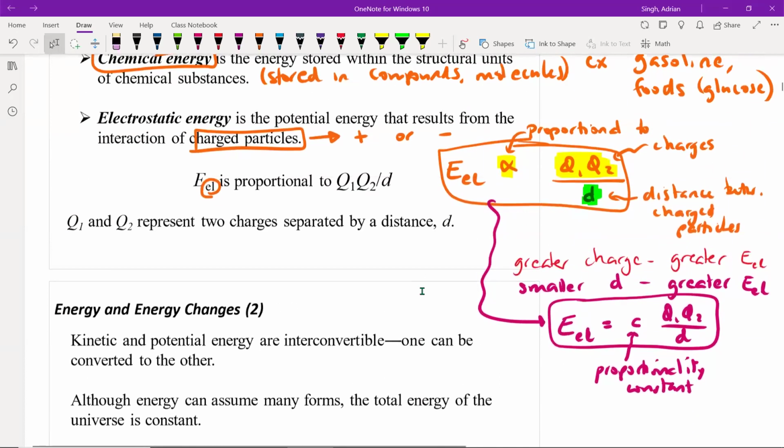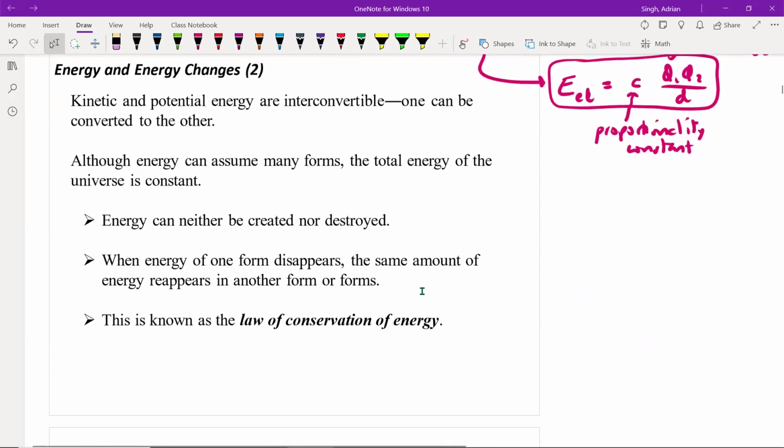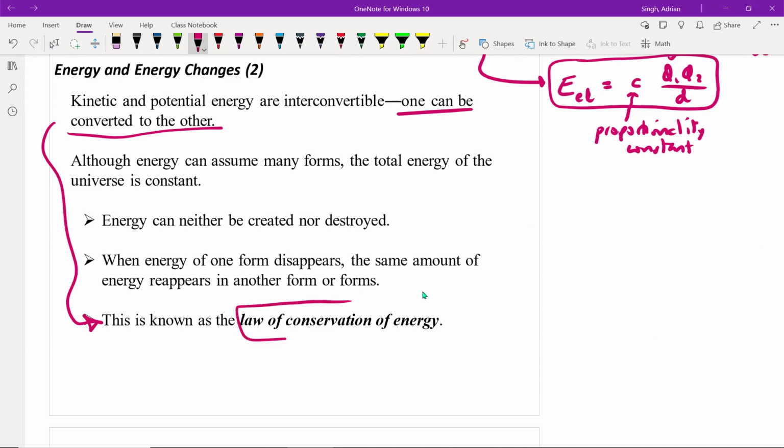We'll take a look at some calculations here in a second. One thing to keep in mind as we start looking at energy changes is that energy can be interconverted from one form to another. That is really critical because it stems from a very important law in chemistry and physics called the law of conservation of energy.